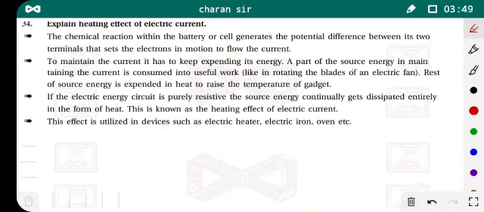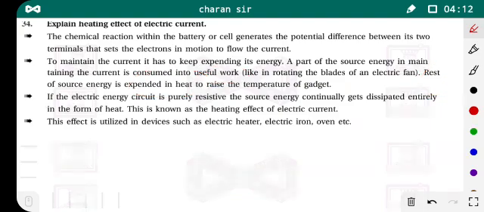For example, rotating the blades of an electric fan can be done using electric energy, and that energy comes from the source. So part of the source energy can be used for some useful work, but the rest of that energy will be expended as heat.